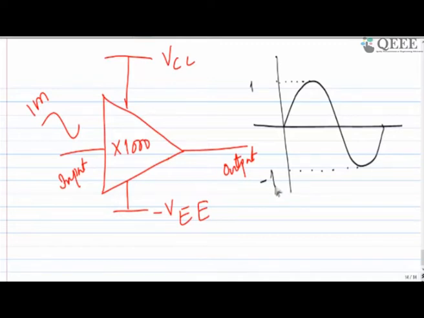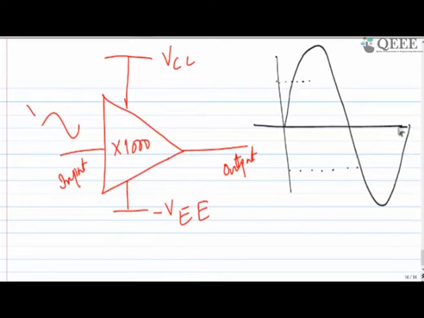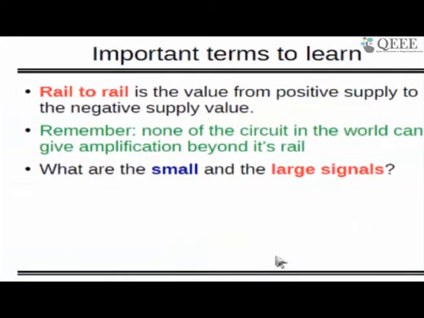But what will happen if, instead of this, I give something like 1 volt, only 1 volt? Maybe one can say it's 1000 volt this side, 1000 volt this side, but it's impossible, because just now we agreed that no circuit in the world can give amplification beyond its rail.